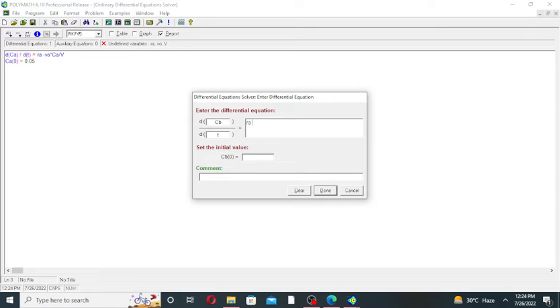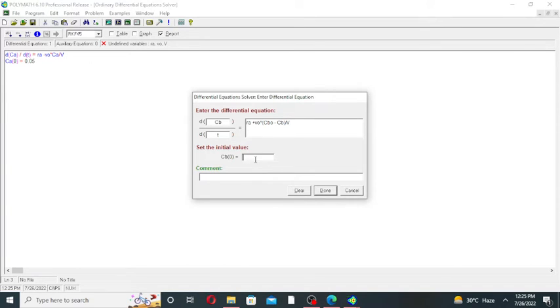So it is plus RA plus V naught into (CB naught minus CB) divided by volume of reactor at any time.